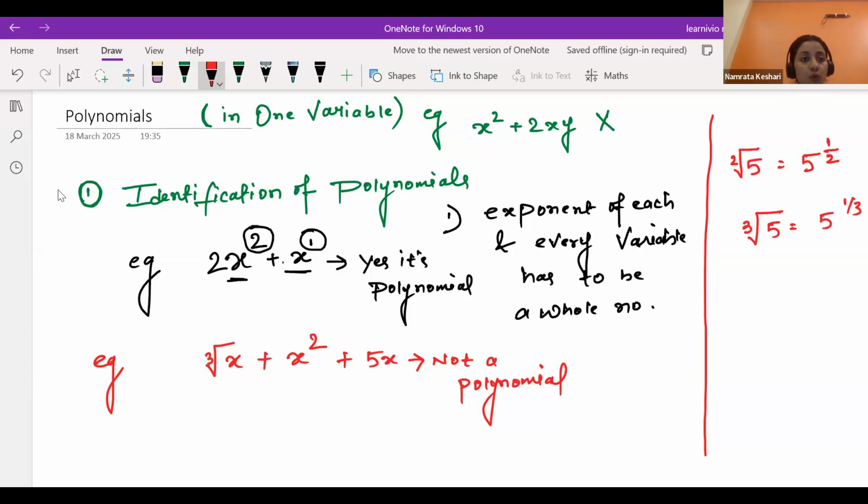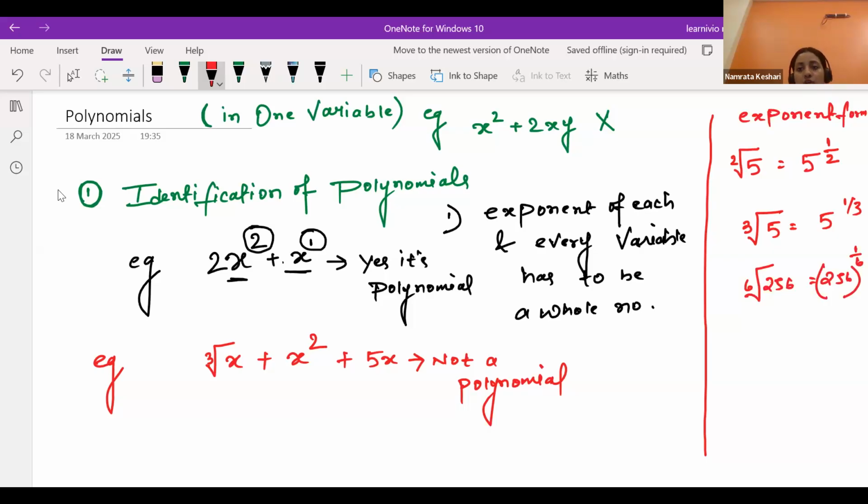So square root, cube root, fourth root, we can write in exponential form. Any root, sixth root, seventh root, whatever you have. Suppose you have the sixth root of 256, you can write it as 256 to the power 1 by 6. This is a rule.